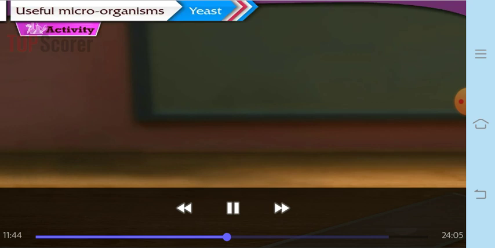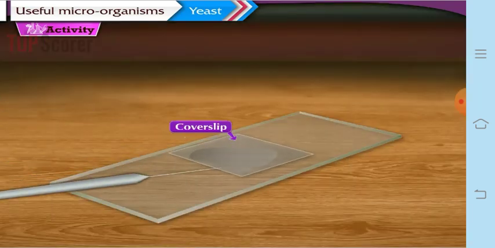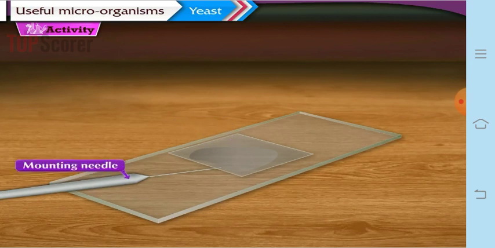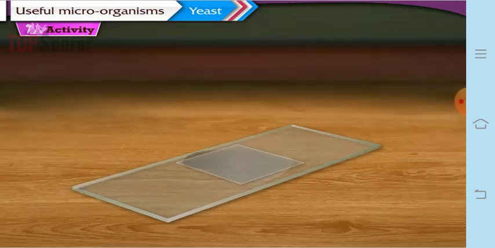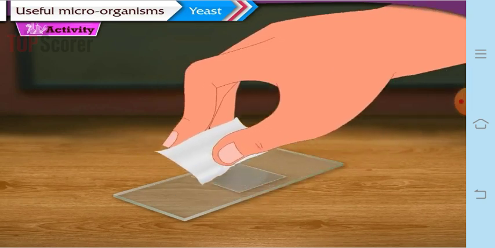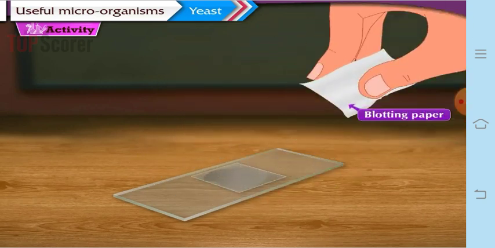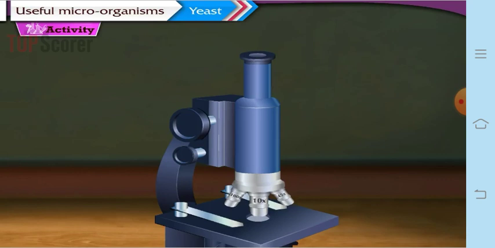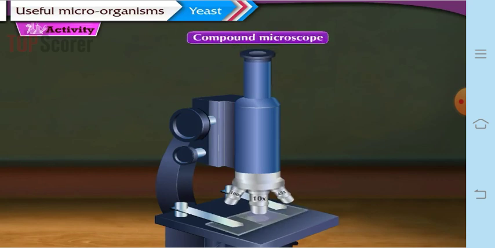Once you put a drop of yeast solution on the slide, place a cover slip with the help of the mounting needle. Then remove the excess solution with the help of blotting paper. Now it is ready to be observed under the microscope. So keep it under the microscope at 10x first and then observe it.